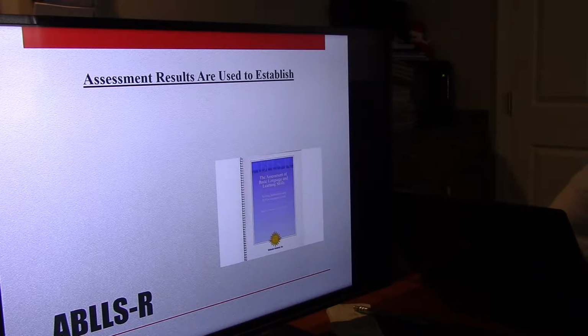You can do either or. I also think it depends on what your clientele is. If you're going to have kids that are developmentally higher than like 4, then you would want to use the ABLES because it extends a little bit higher, so you're going to get more of what to do next.